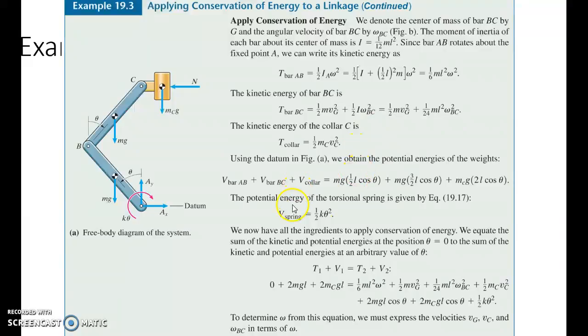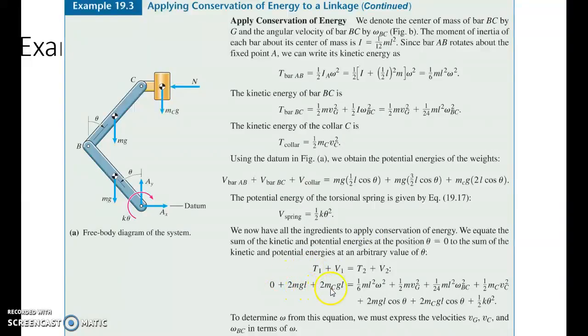When I do the energy relationship here, we figured out what the energies are, and we can apply the principle of conservation of energy when the angle theta is 0. So the system is completely vertical. You'll see that your kinetic energy term will be 0 because it hasn't started moving yet, no velocity.